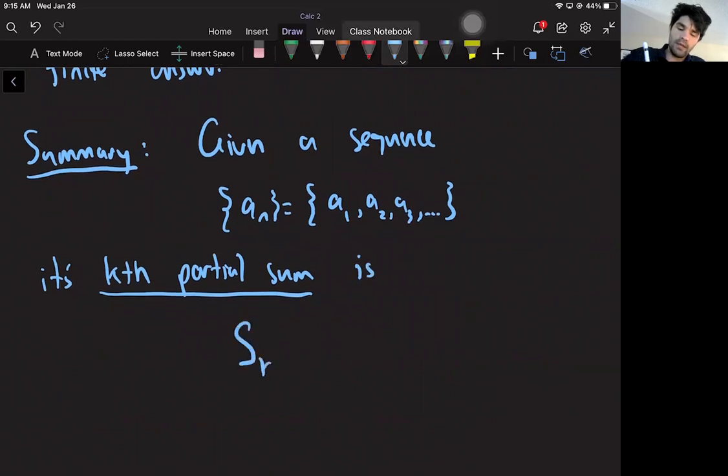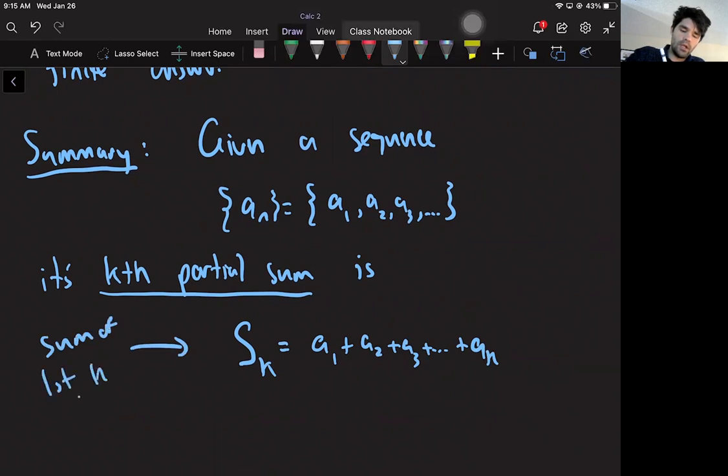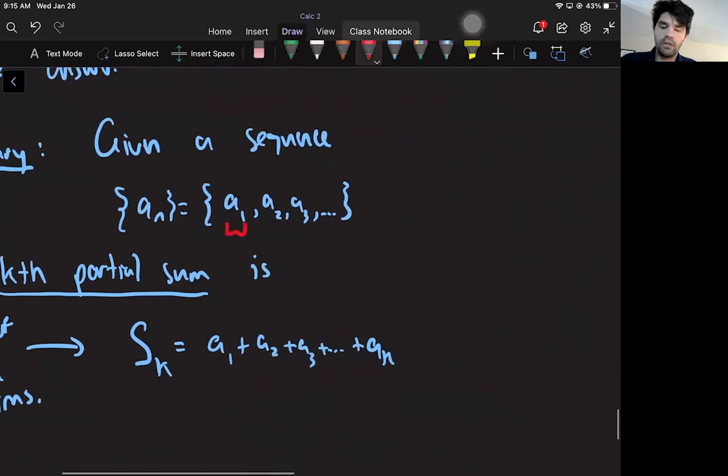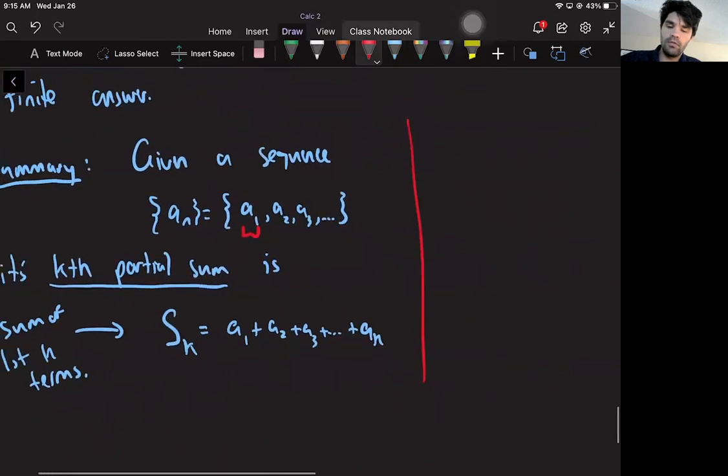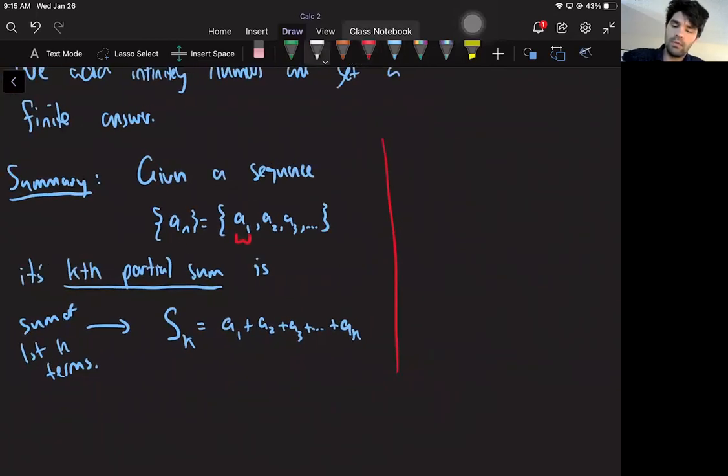That's called SK. And it just means add up the first k terms. So it's really just the sum of the first k terms. So this can get a little bit annoying. If this guy didn't start at 1, it would be a bit trickier. So just on the side here, if I started at something else, it would be sort of tricky.